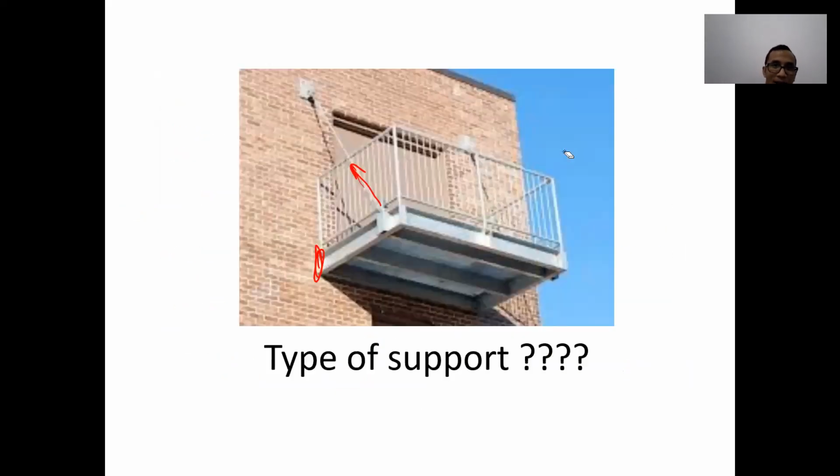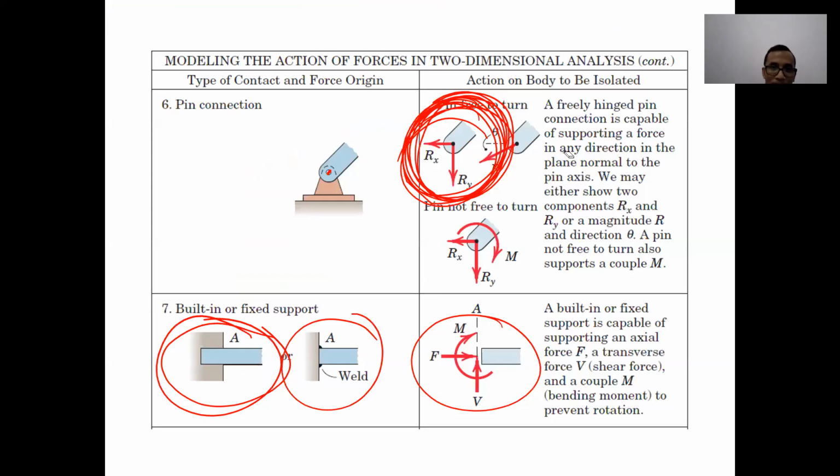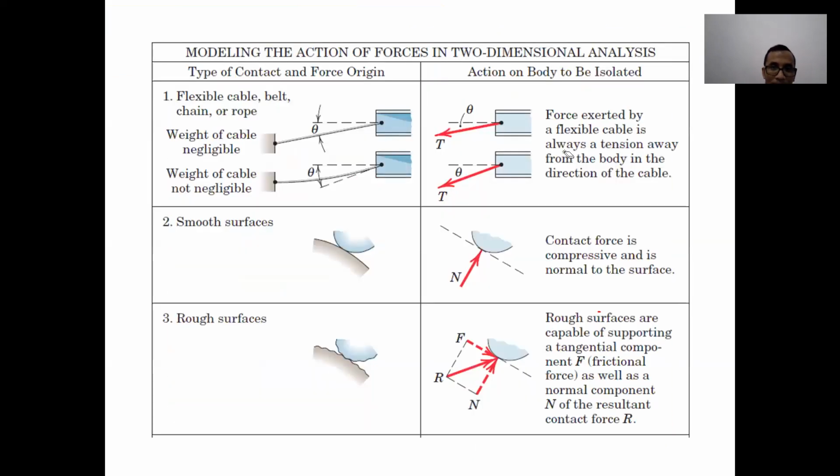I will remind you again, no problem. This one, smooth surface and rough surface, right? We are talking about a smooth surface. So with a smooth surface, we will only have what? This one, the normal force. Normal force to the contact area.